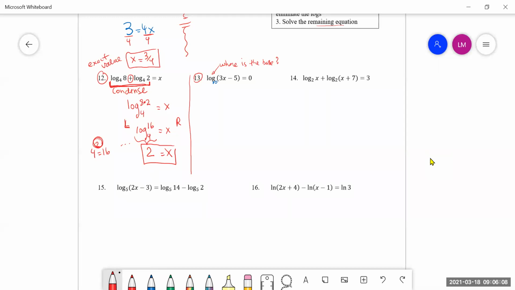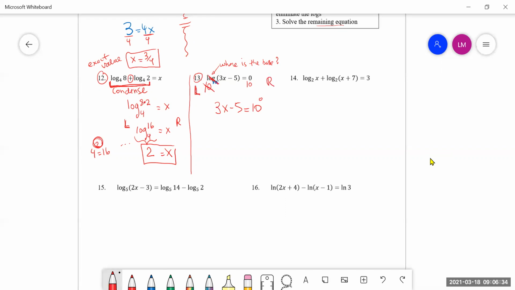So I can exponentiate both sides immediately. 10 becomes the base here and 10 becomes the base here. So 10 and the log of 10 will undo each other, and I end up with simply 3x minus 5 equals 10 to the 0. If you exponentiate on the left, you have to exponentiate on the right.